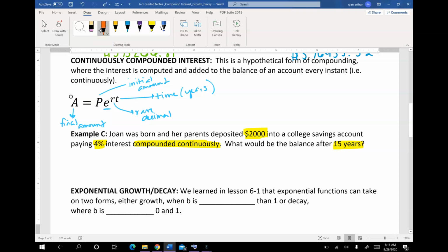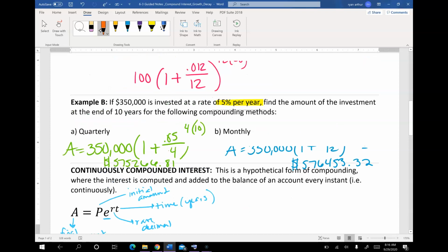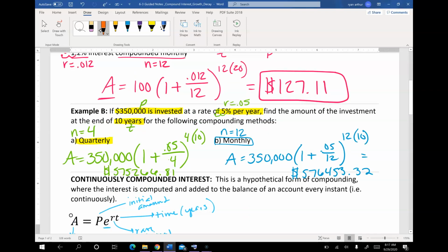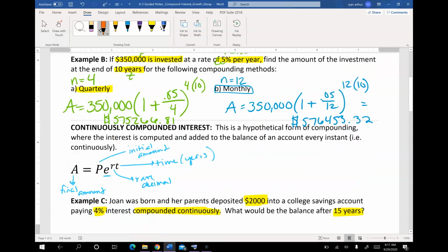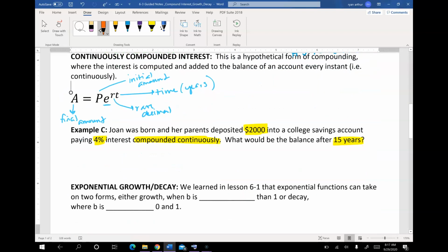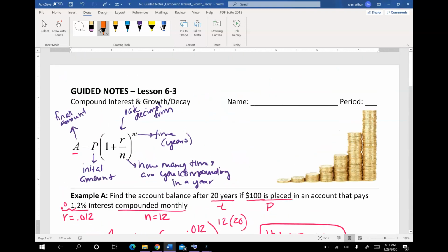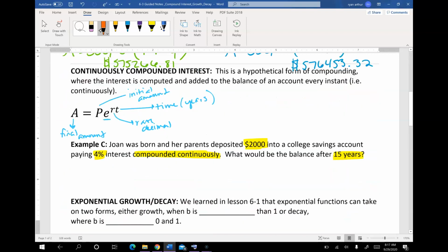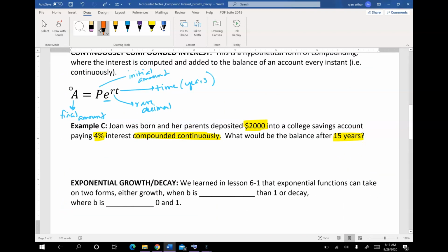If you saw compounded monthly, that meant to use our other formula. But if you see compounded continuously, you need to switch to Pert. So anytime you see the word compound, you've got 2 equations to choose from, but if it says compounded continuously, you have to use this one. This one is only for the word continuously.